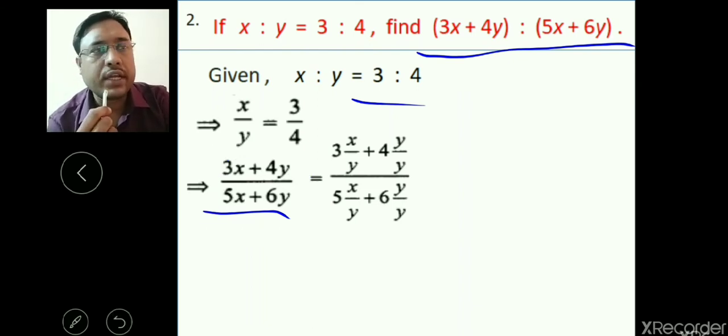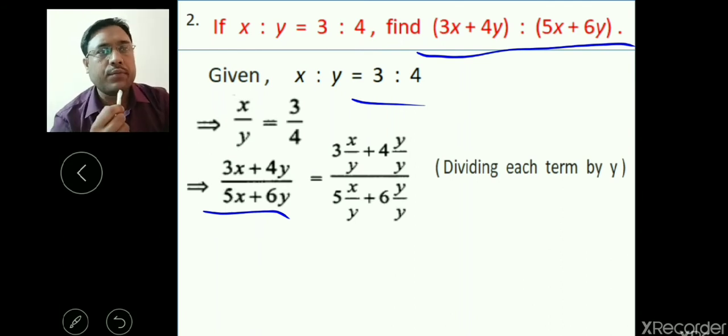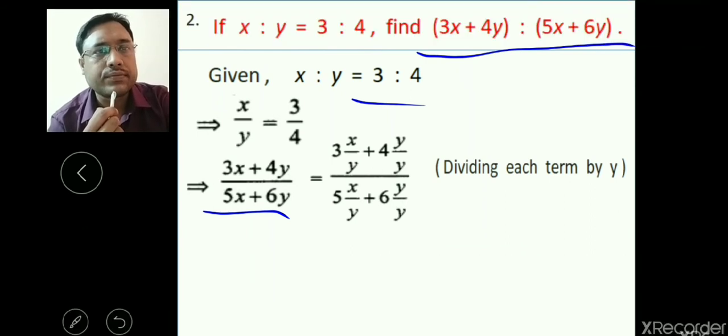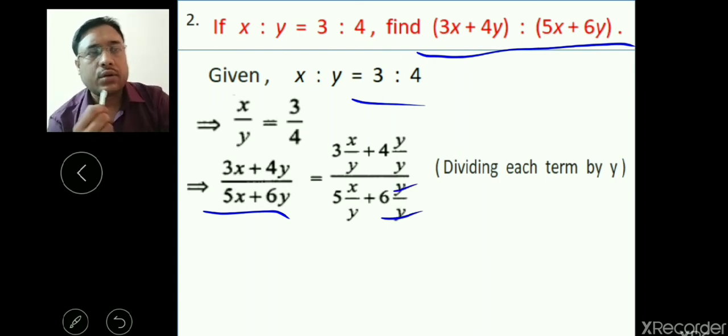Dividing each term by y, we get 3 into x by y plus 4 into y by y. So y and y will cancel. Downside also 6 into y by y, so y and y will cancel.